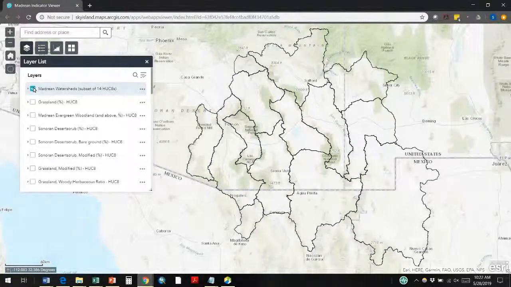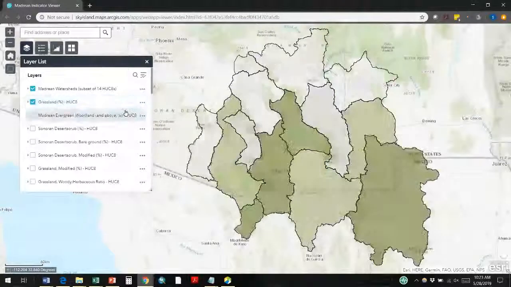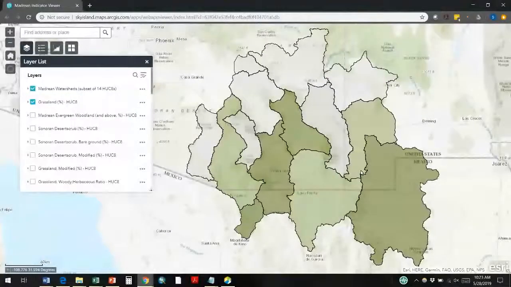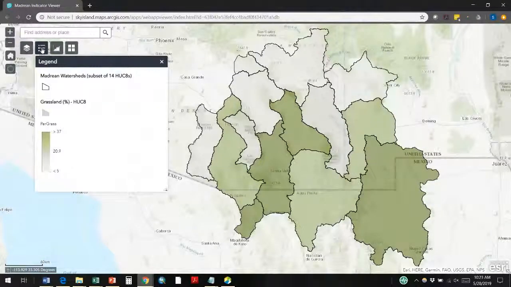And then you just start going through some of the indicators that are available on here. So one is just the percent of the HUC-8 that is grassland. And you can also turn on a legend. Unfortunately, you can't see them both at once right now.